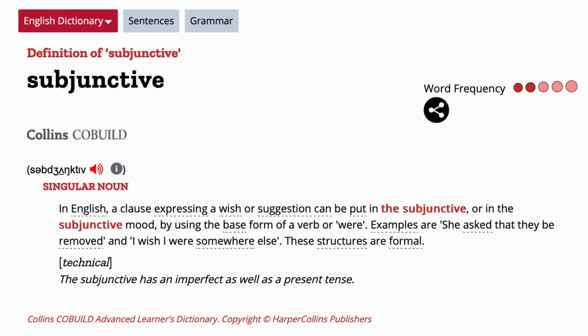Example: she asked that they be removed. I wish I were somewhere else. These structures are formal. These are several examples of the subjunctive. Very often when it's translated from the New Testament, we use phrases like "in order that," or "so it might," or "so they may." An example is that Jesus was crucified so that we might be saved from our sins.